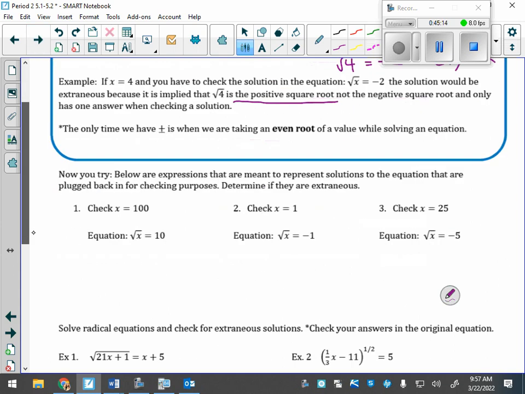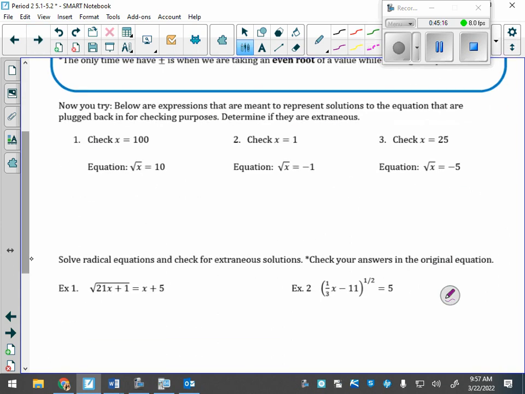So, here are some examples. I want to check if x equals 100. I'm going to plug it into the equation. What is the square root of 100? 10. Does 10 equal 10? Yes. So this is a solution.